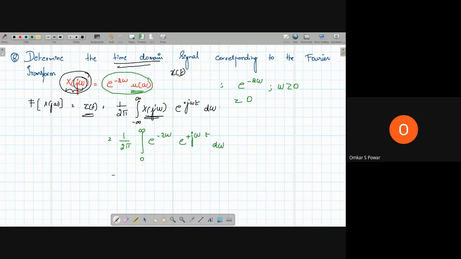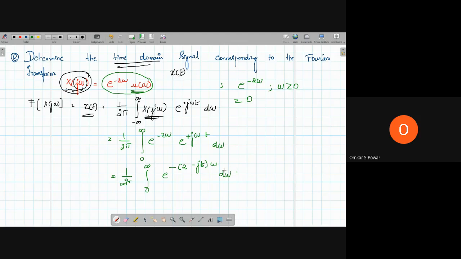How can we simplify this again? 1 by 2 pi integral 0 to infinity e power minus, I will take outside, it will be 2 minus j t into omega d omega.